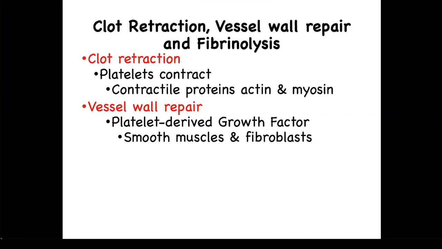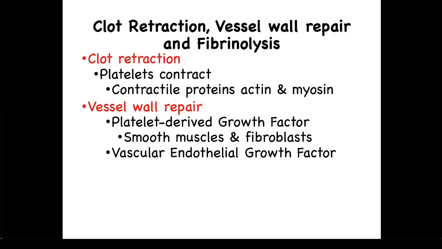Remember that the fibroblasts are cells that give rise to connective tissue and the proteins there. In addition, vascular endothelial growth factor released by a variety of cells will cause the endothelium to reproduce, and endothelium is simple squamous epithelium, so that the endothelium can be replaced.